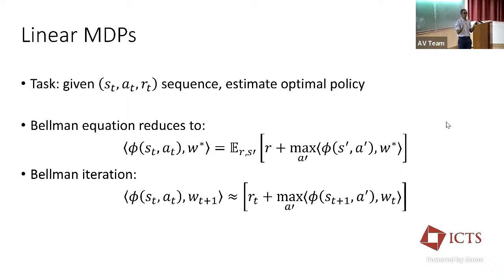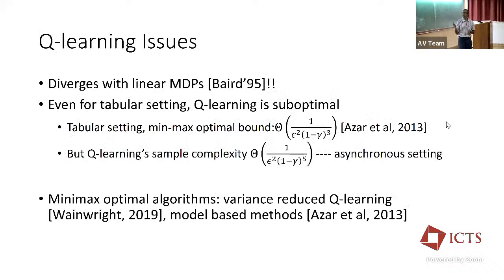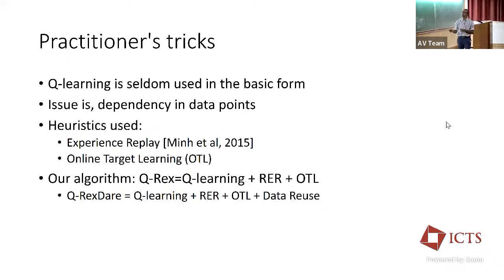You say, okay, I have some Q function right now, and for the next 10 steps, I will use only that Q function to get this target value. That is called online target learning. People typically use these two ideas to get around these dependency issues.